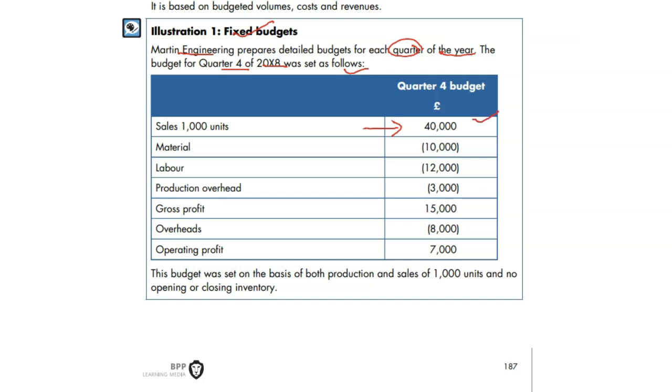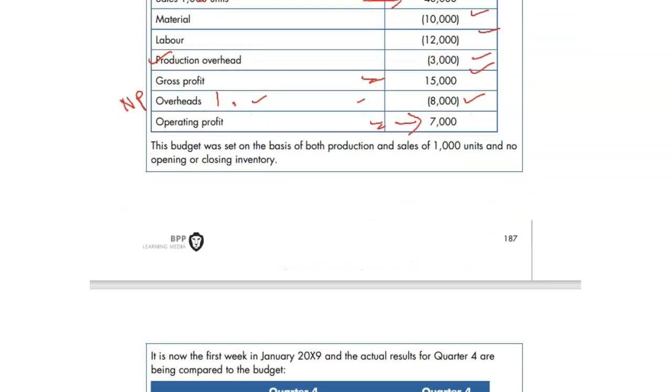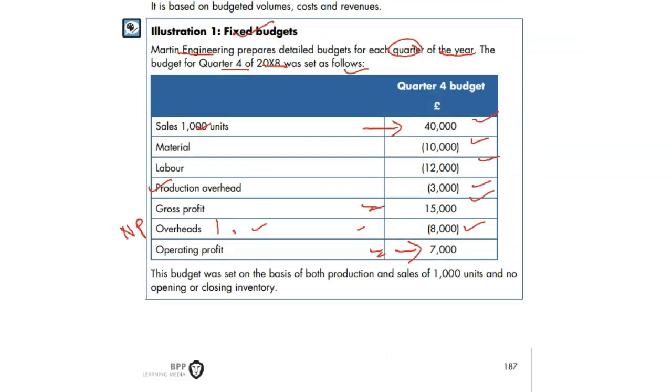Sales given 40,000 for 1,000 units. Then material, labor, overhead, all minus, equals gross profit, and minus another overhead. If this is production overhead, this is non-production overhead, like selling and admin and finance related indirect costs, which you take away, you get operating profit. So that is our fixed budget.